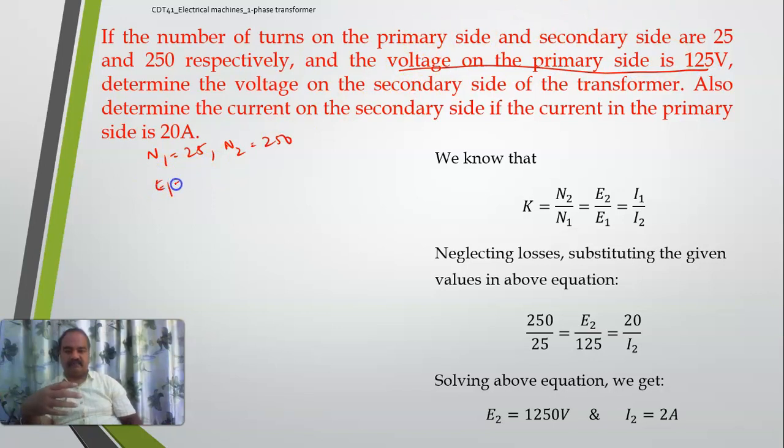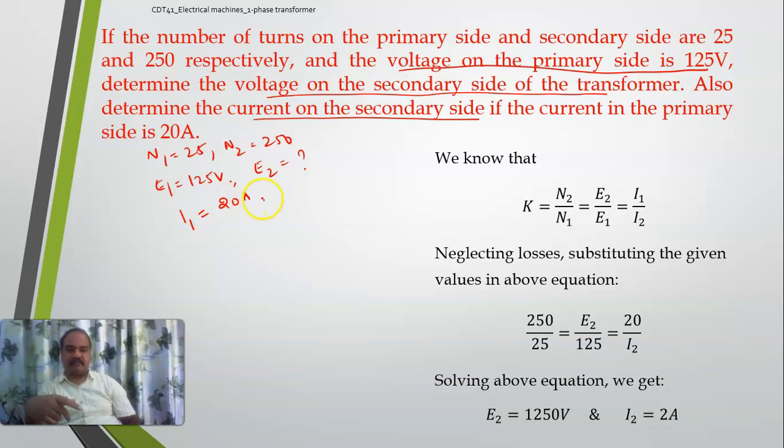Neglecting losses, I will take E1 is equal to 125. What is the voltage on the secondary side of the transformer, E2? Now, determine the current on the secondary side. They are also giving I1, which is 20 amperes. They are asking us for I2. So this is the data given to us.